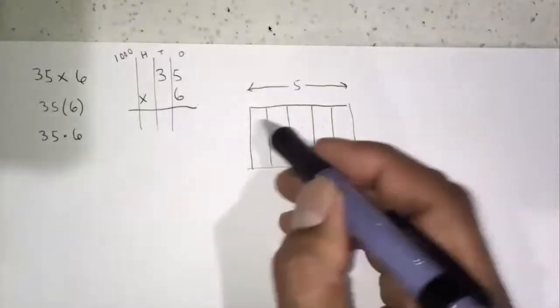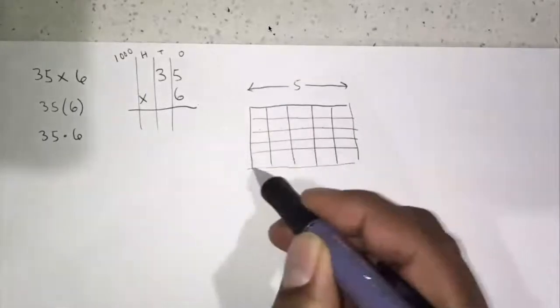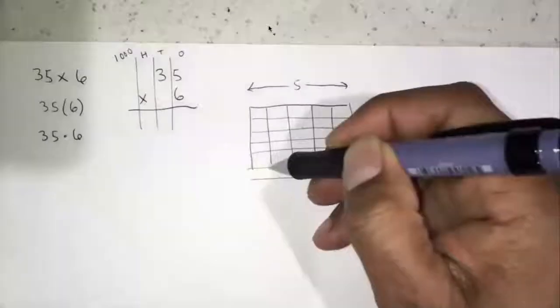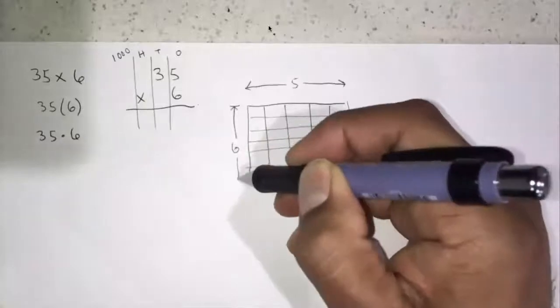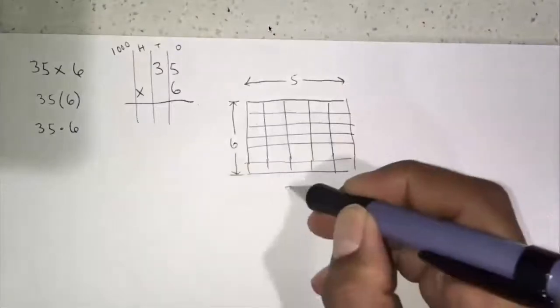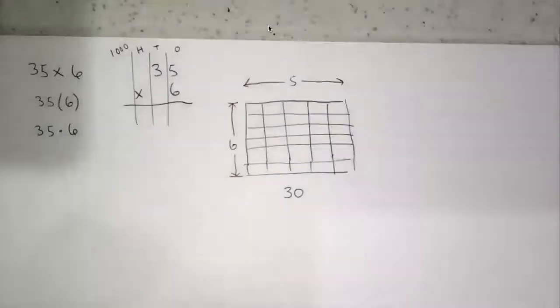And I'm going to make this 6 rows: 1, 2, 3, 4, 6 rows. And if you look at it, you will know why it is 30, because you're going to count all those little blocks.